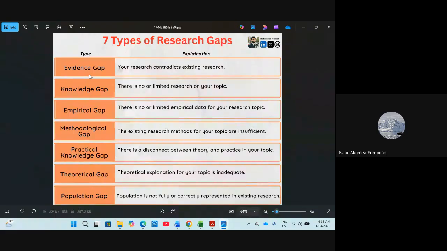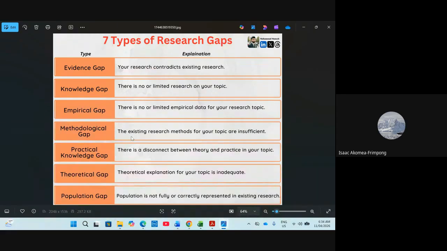What do they represent? The evidence gap, for example, is where your current research contradicts existing research. The knowledge gap is where there's no or limited research on your topic. The empirical gap is where there is no or limited empirical data for your research.